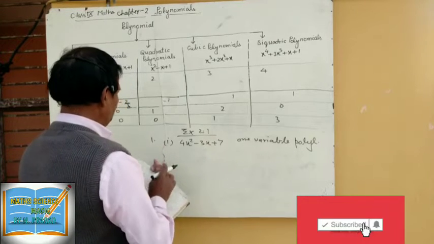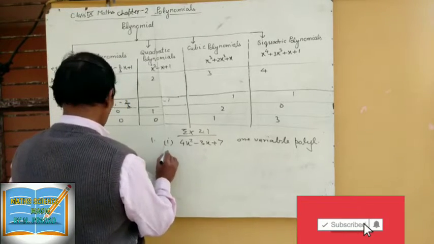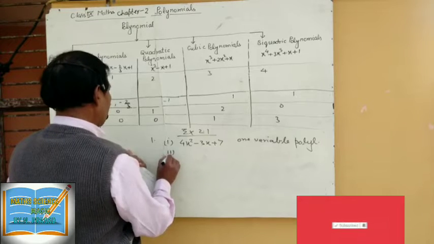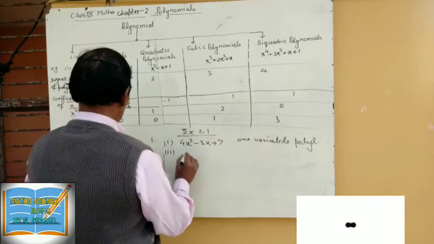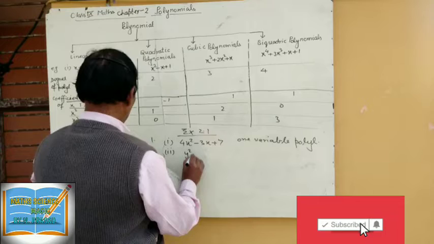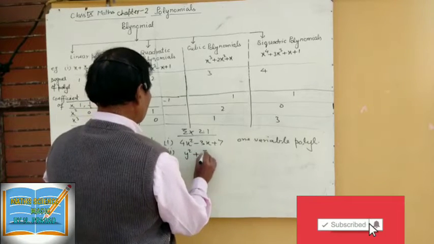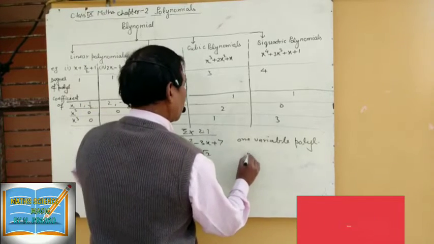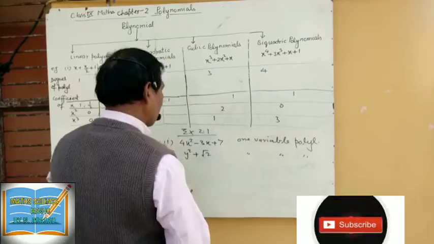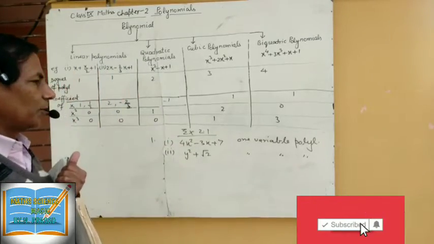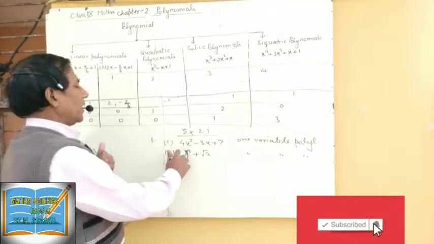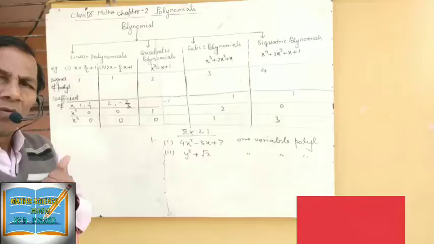Second one, okay, I am going to write root y square plus root 2. It is a one variable polynomial. It is also a polynomial. Why is it a polynomial? Because the exponent of the variable is a whole number.